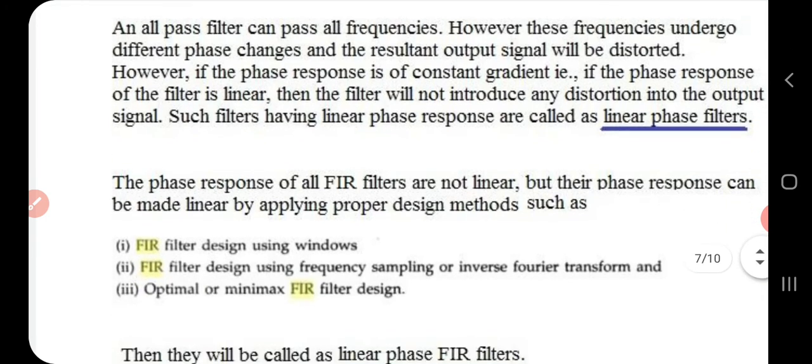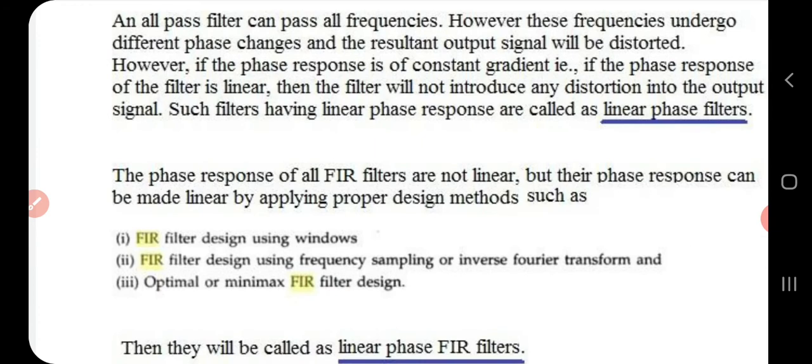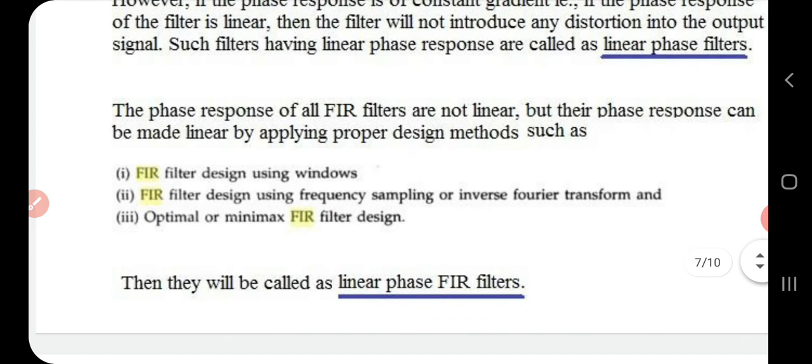Now, generally speaking, the phase response of all FIR filters is not linear, but we can make it linear. That is, the phase response can be made linear by using certain design methods, such as designing using windows, designing using frequency sampling or inverse Fourier transform, and optimal or minimax design.